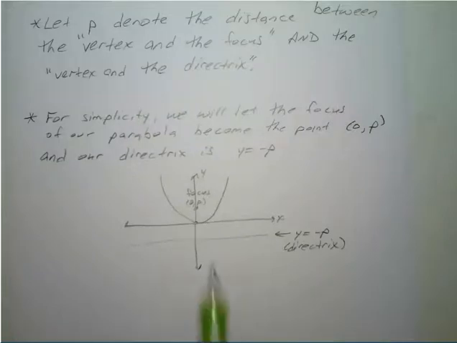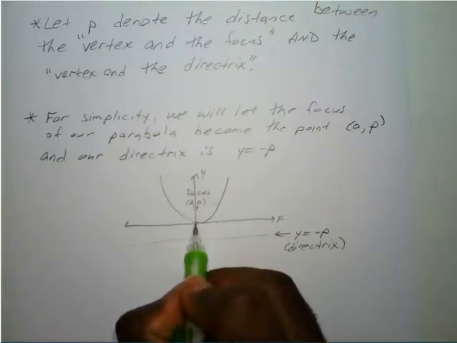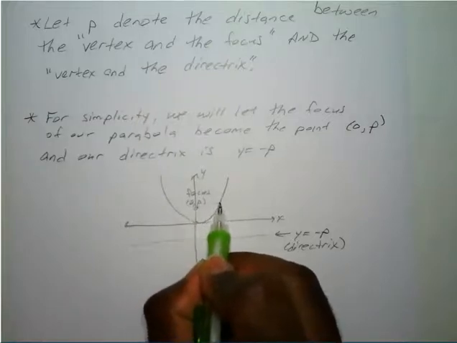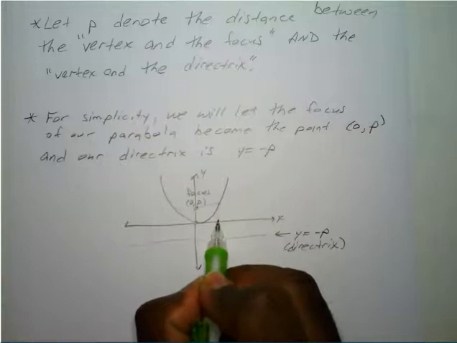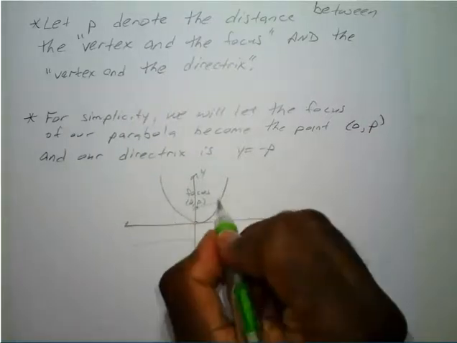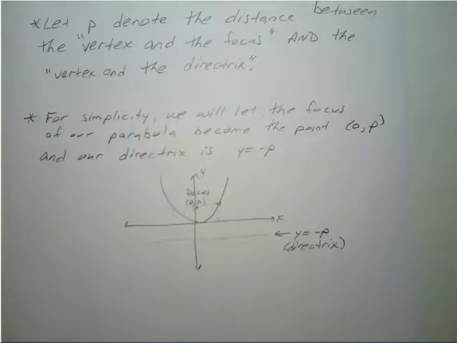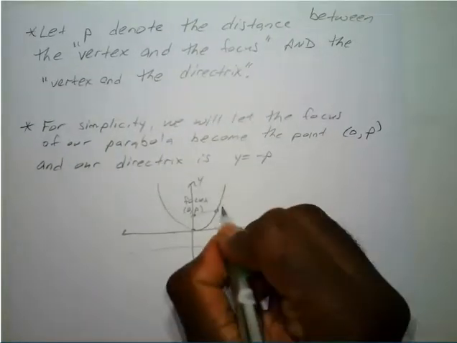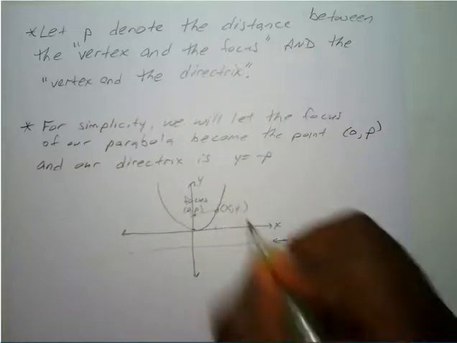Let's say we pick another point, not just the vertex, at an equal distance right there. We'll call that point (x, y).